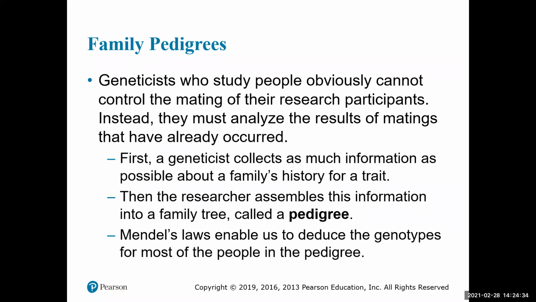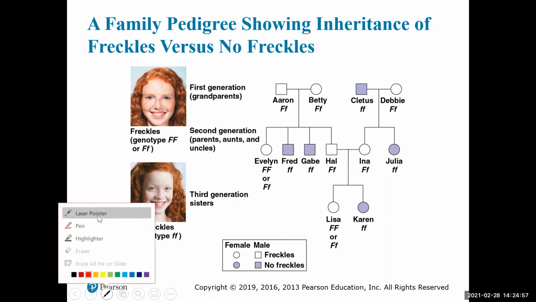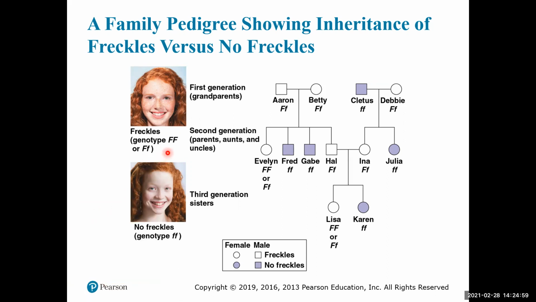And so we can use Mendel's laws that he developed in order to determine genotypes from a majority of the people in the pedigree. And we say a majority because sometimes the genotypes cannot be discerned based off of the information that we have available to us. Okay, so in this example with this pedigree, we are looking at the phenotype of having freckles versus not having freckles.